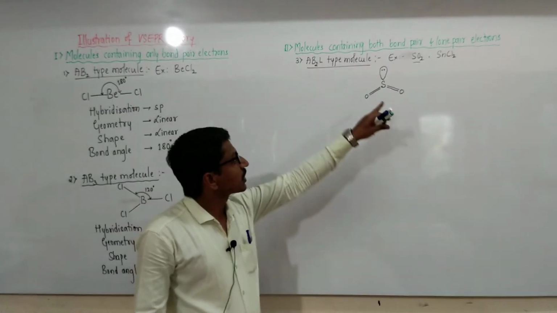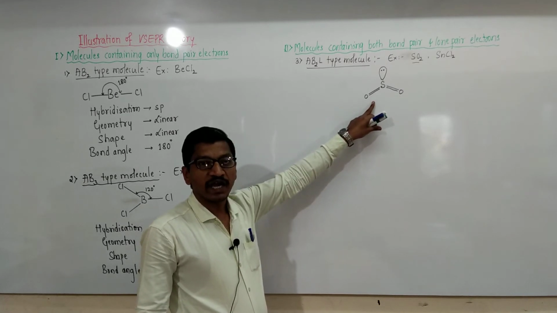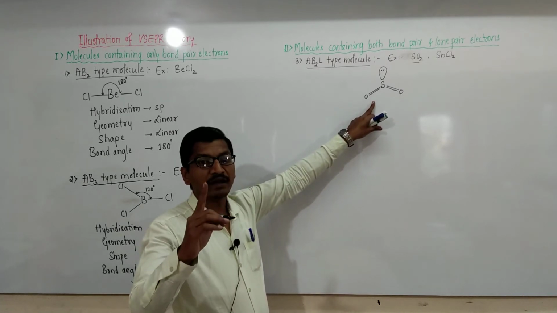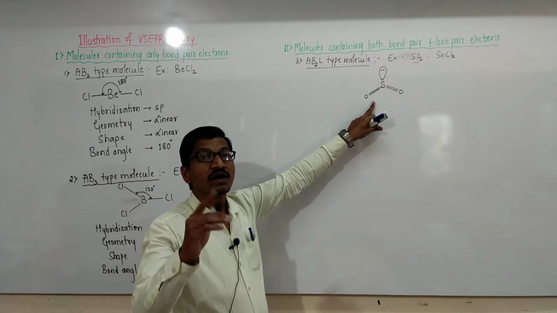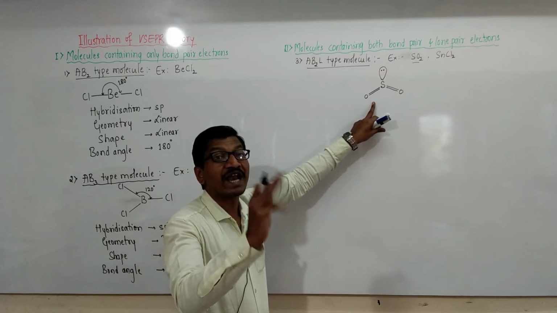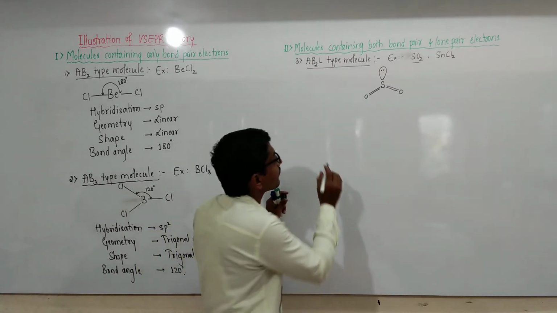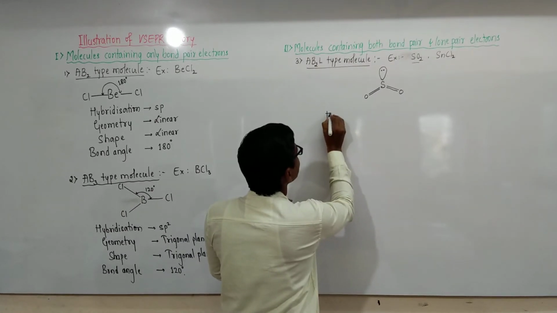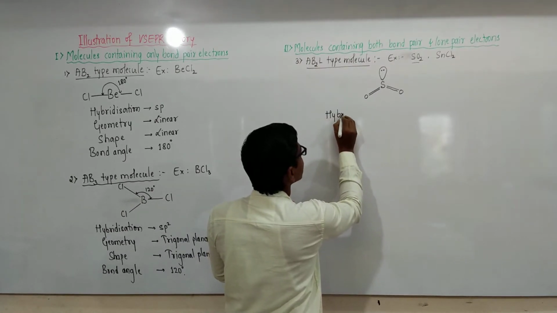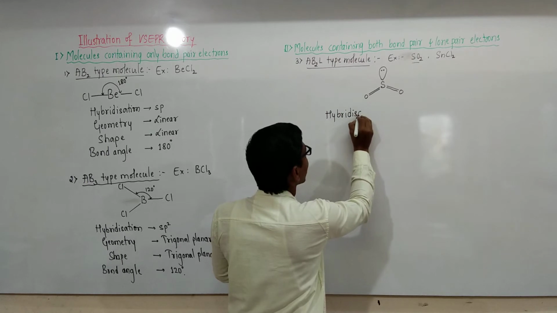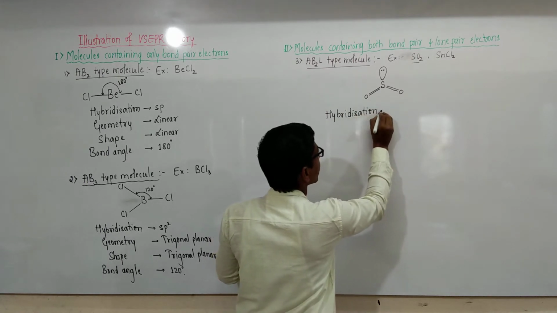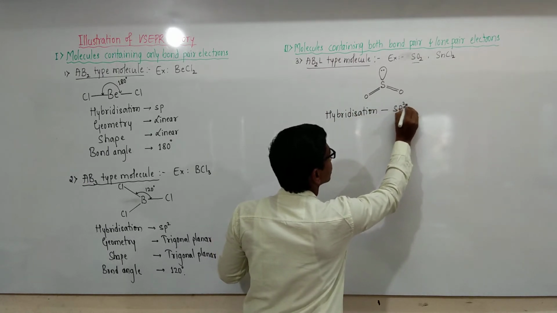This is the structure of sulfur dioxide. It contains one lone pair, and this lone pair acts as one of the corners of the equilateral triangle. Hybridization of sulfur is sp2.